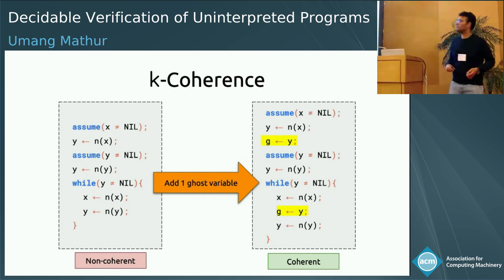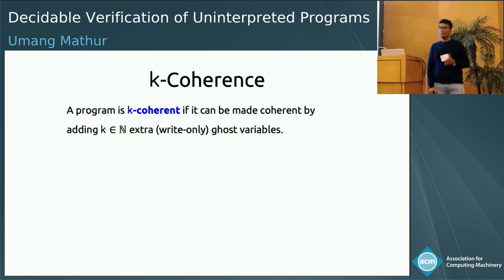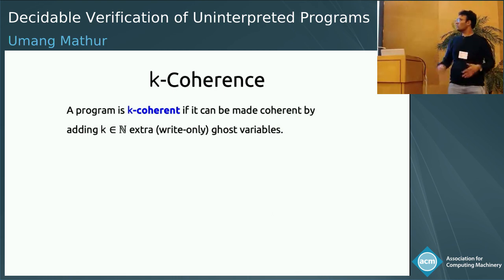You never read from it. And because you can add one variable to the first program and make it coherent, we said that the first program is one coherent. In general, a program is k-coherent, where k is a natural number, if you can add k many ghost variables, these additional auxiliary variables, and make it coherent.